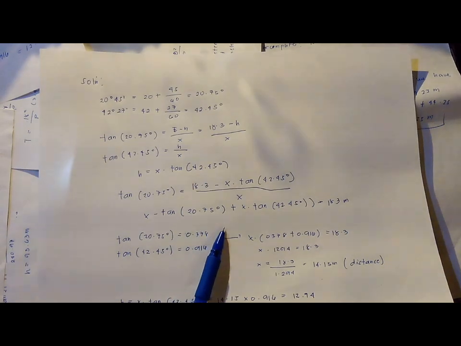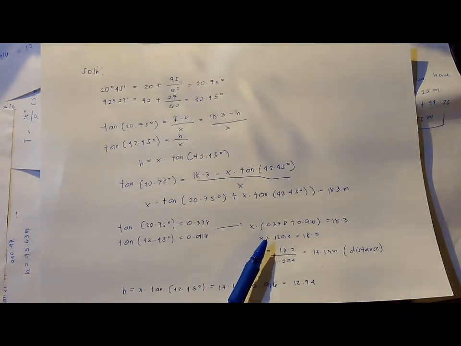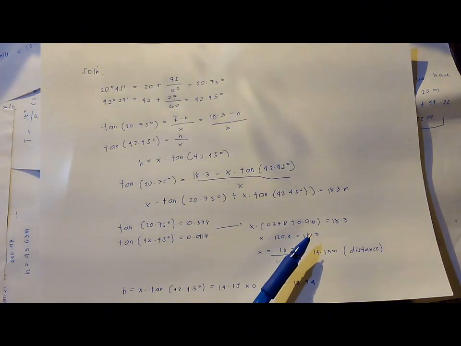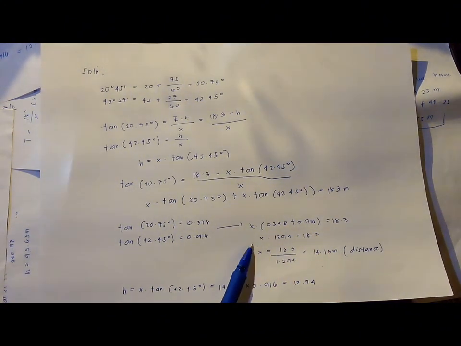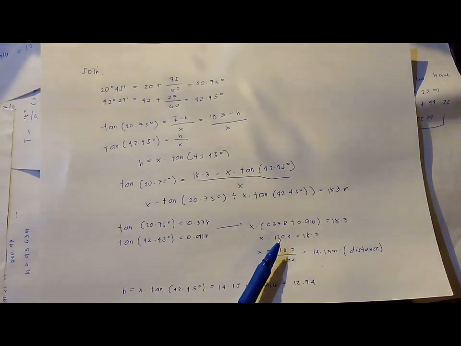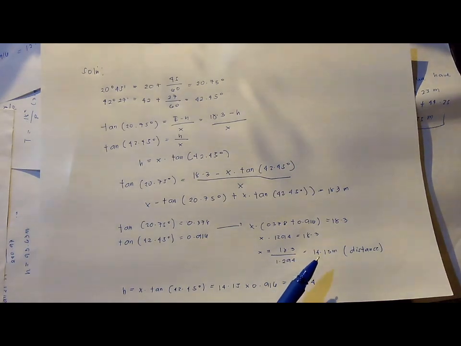So we have X multiplied by 0.378 plus 0.916 equals 18.3. So X multiplied by 1.294 equals 18.3. Then X equals 18.3 over 1.294, which equals 14.15 meters.